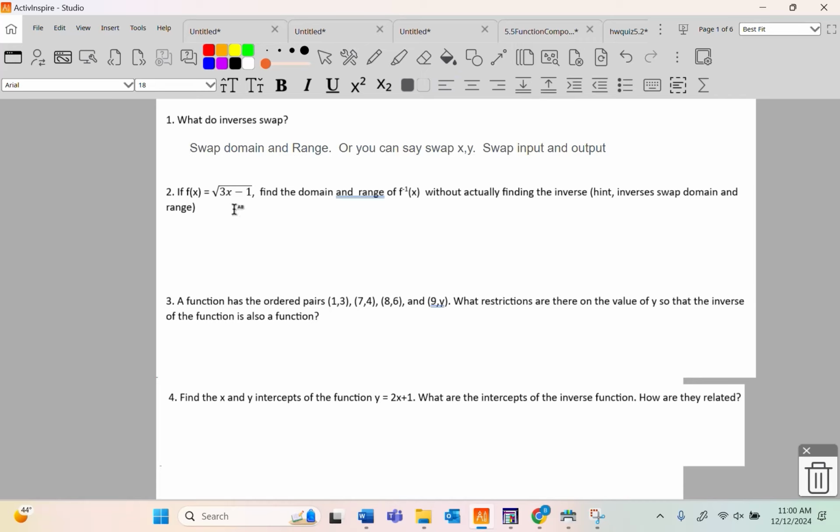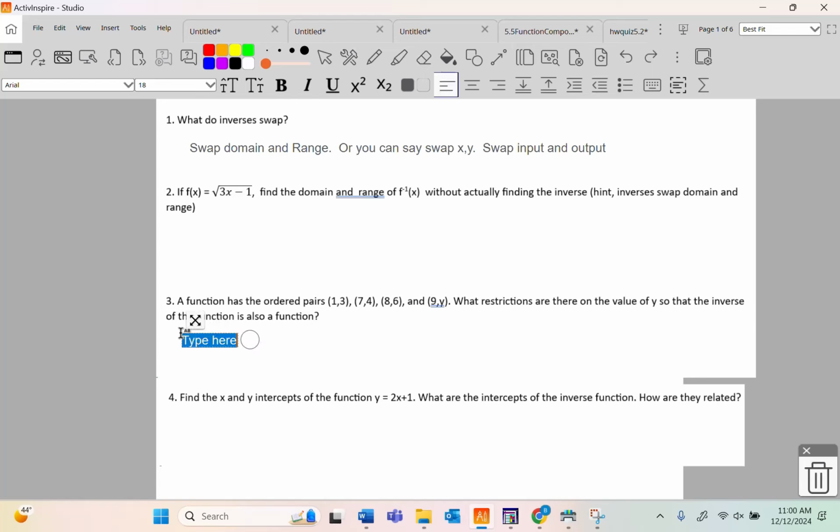All right, so number 3 on this one's probably, at least in my mind, the hardest one. So I have a function that has ordered pairs (1, 3), (7, 4), (8, 6), (9, y). What restrictions are there on the value of y so the inverse of the function is also a function?